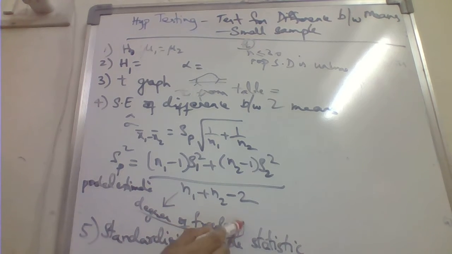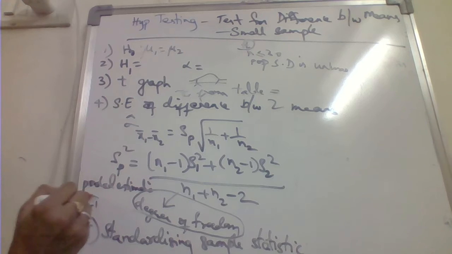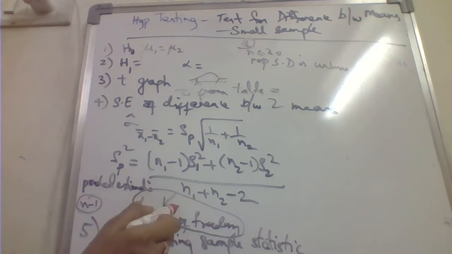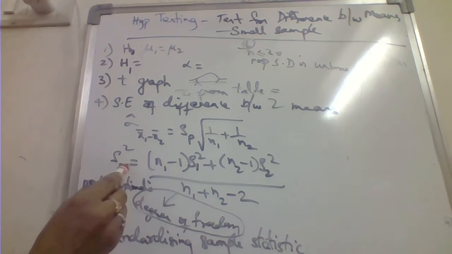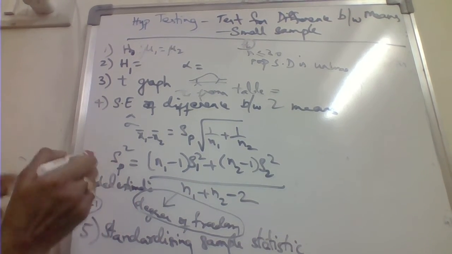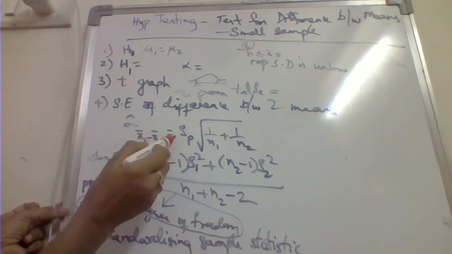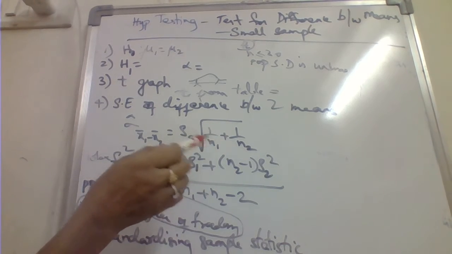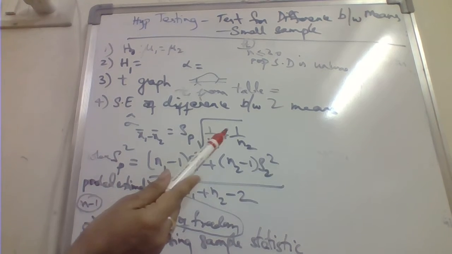For the T distribution, the degree of freedom is normally n minus 1, but here you have two samples, so it is n1 plus n2 minus 2. With this Sp square you find the standard error, that is Sp root of 1 by n1 plus 1 by n2. This is your standard error of difference between two means.